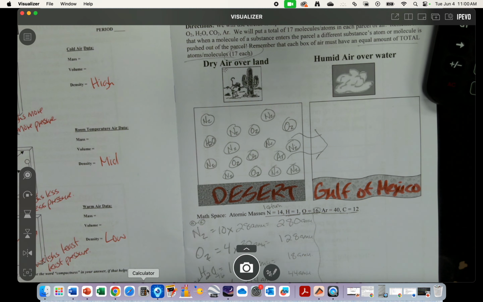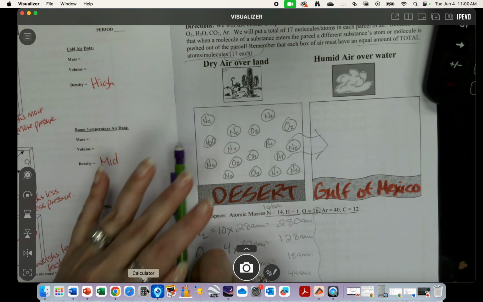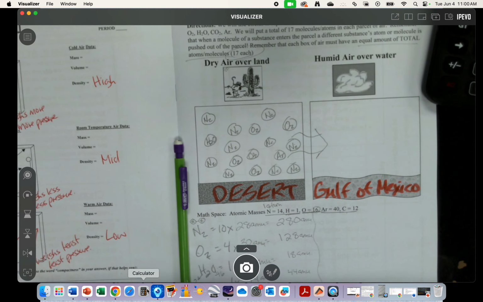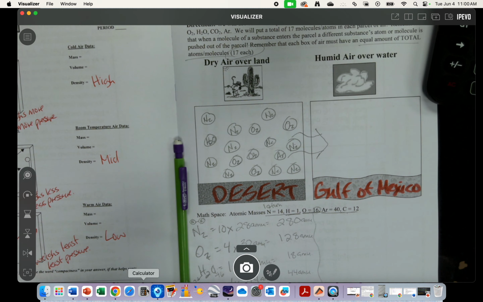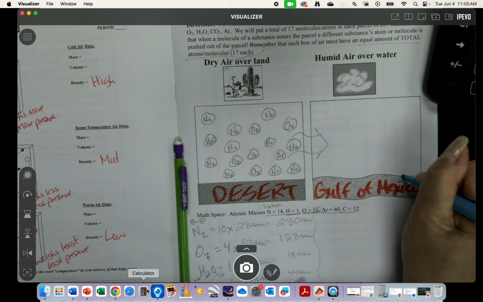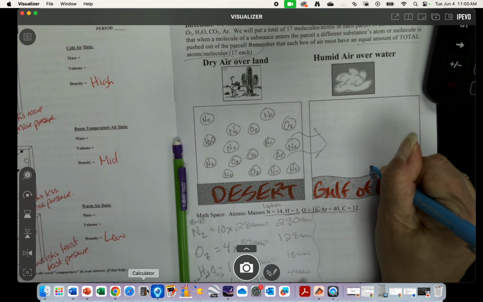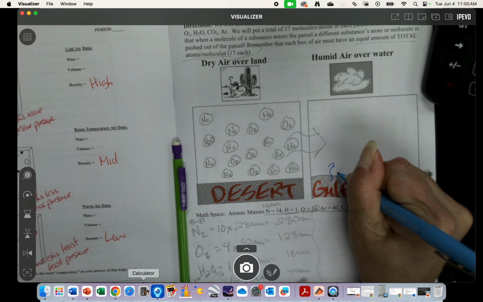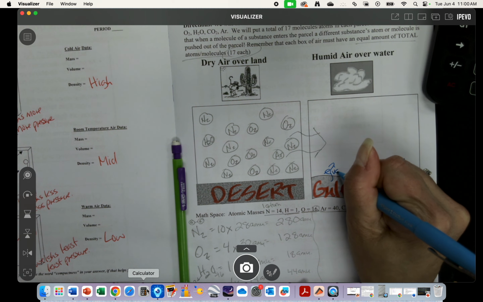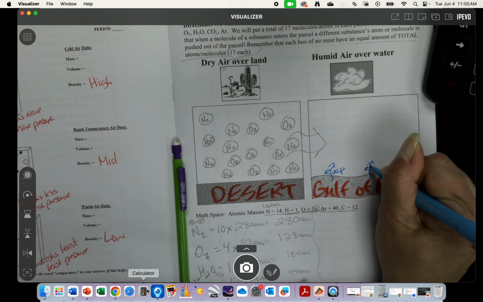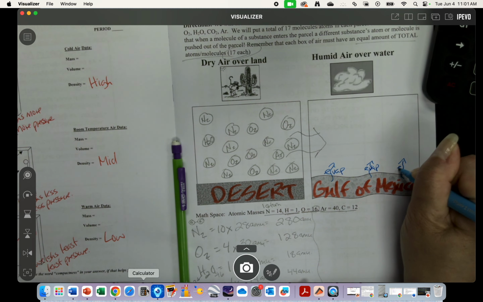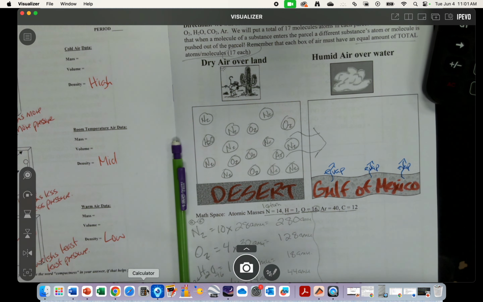Now, the Gulf of Mexico is very warm. So because it's very warm, what's going to happen off of the water? A lot of evaporation. Whenever I draw a squiggly line coming off of water, what process does that represent?